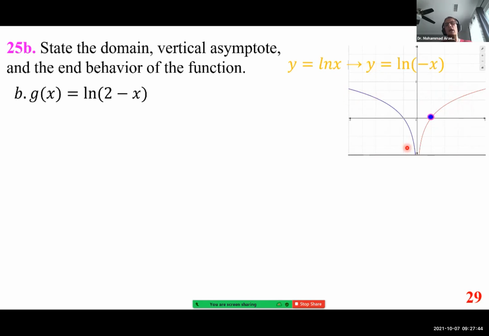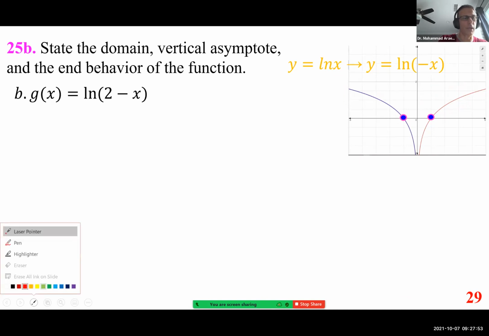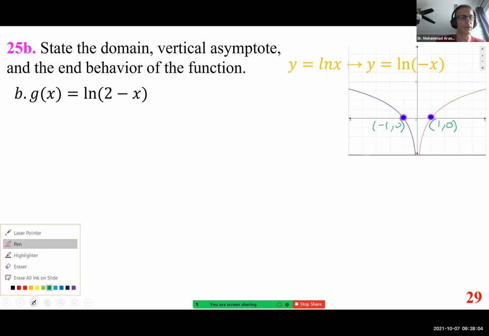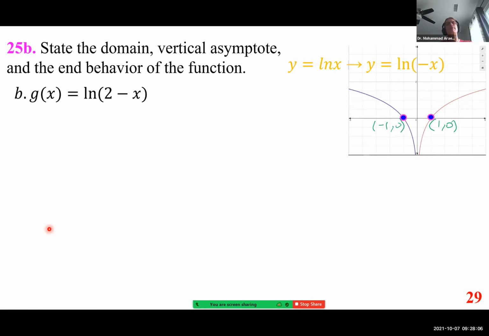Therefore, if you have this x-intercept at 1, 0, the new one would be negative 1, 0. Let me write that for you. So this is located at 1, 0. This is located at negative 1, 0.